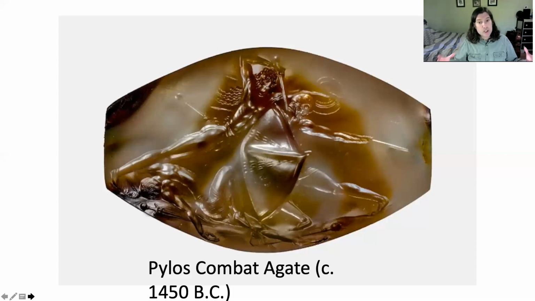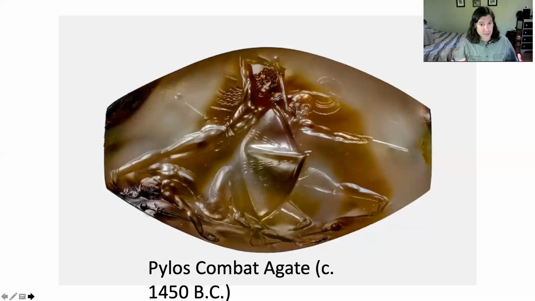No, we can't be certain as to what happened, but probably a kind of perfect storm of disasters. Disasters that included drought caused by climate change, natural disasters like earthquakes, and the appearance of a new group of warlike people known as the Sea Peoples.